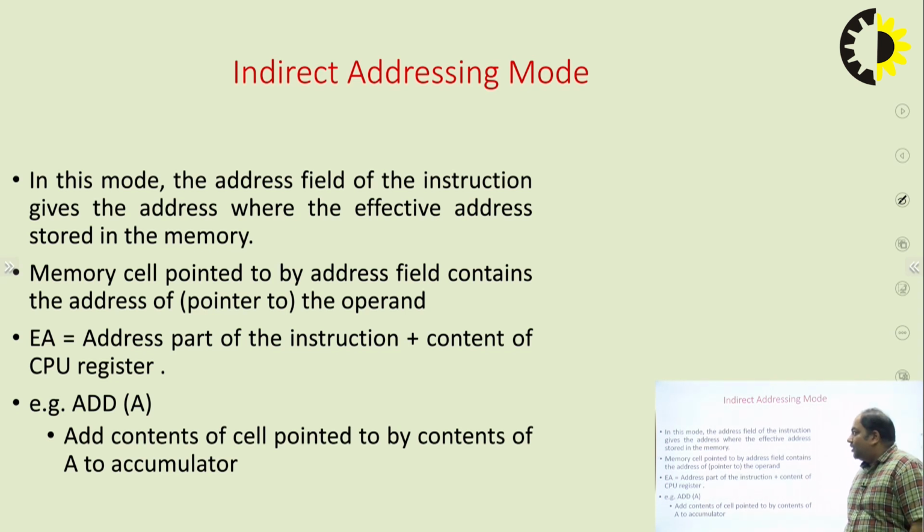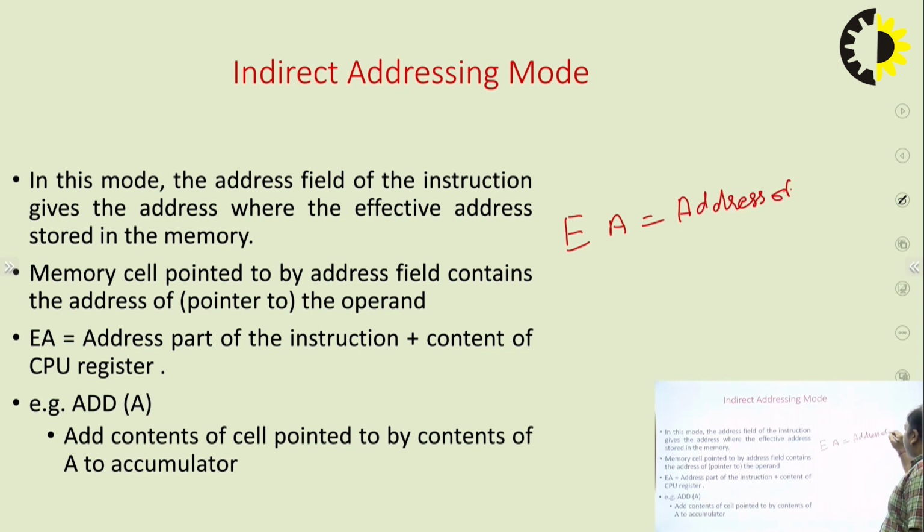Third, indirect addressing mode. In this mode, the address field of the instruction gives the address where the effective address is stored in memory. In this, effective address is equal to the address of the instruction and the content of the CPU register, as you can see in the diagram.